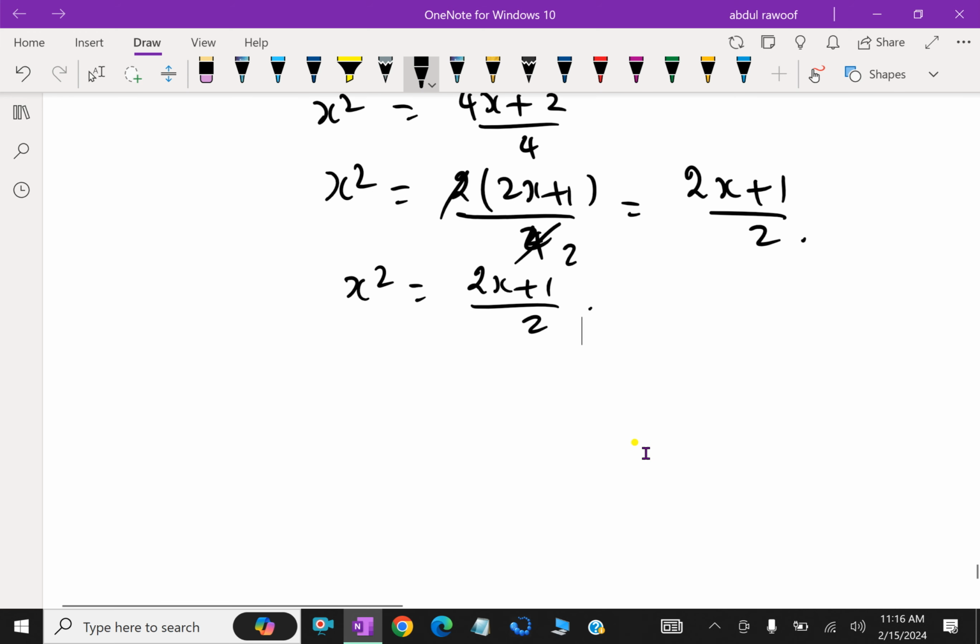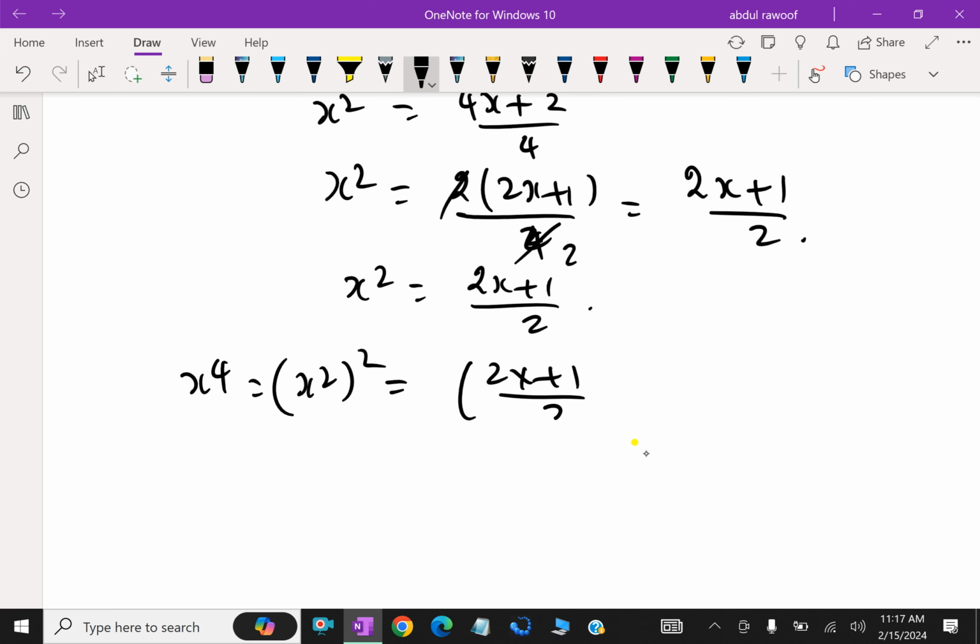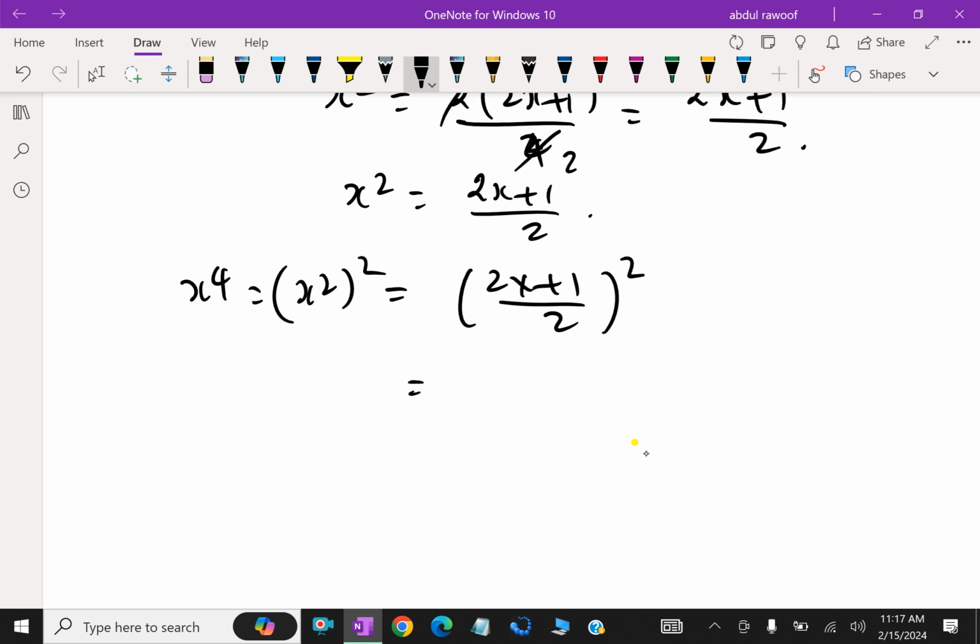Now x power 4 is nothing but x squared squared, that is ((2x plus 1) by 2) squared, which is equal to (4x squared plus 4x plus 1) by 4.